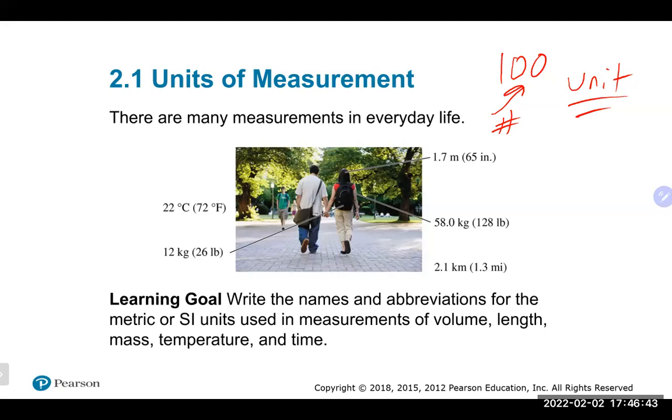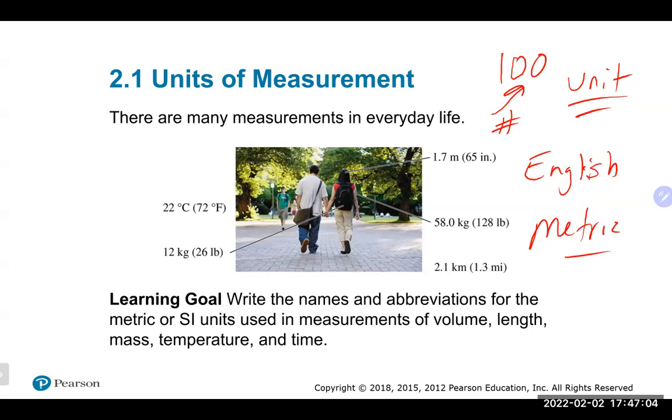When we think about units, there's actually two types of units that we come across. One is sometimes referred to as the English set of units, and the other one is the metric system. For the most part, everybody in the world uses the metric system, except for us here in the US.